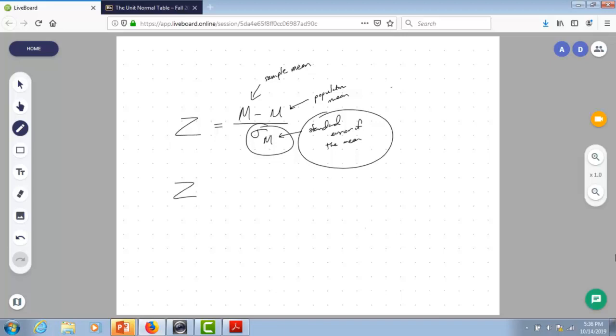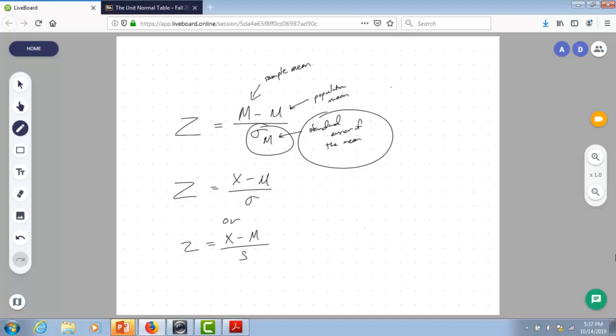Now, I want to put up the formula for converting a single raw score into a standard deviation unit, and I'll put up the formula for converting a raw score into a z-score for a sample as well. I'm doing this for the purposes of drawing comparisons.